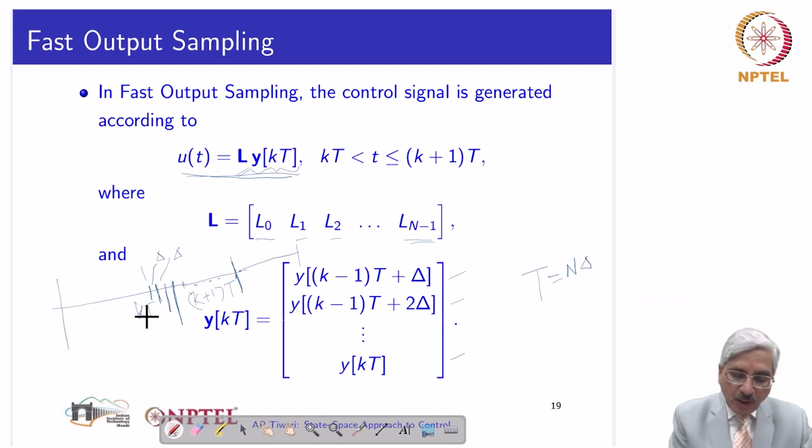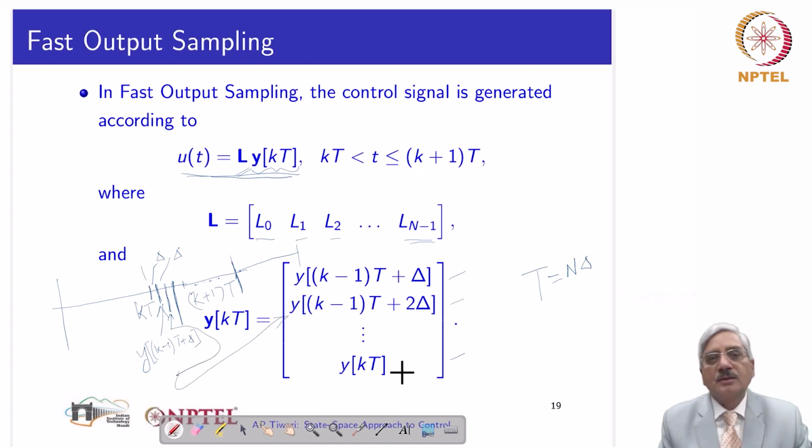So the samples of output collected here, this is y(k minus 1)T plus delta. And similarly, the samples of output collected in the next time interval are this one, and so on.